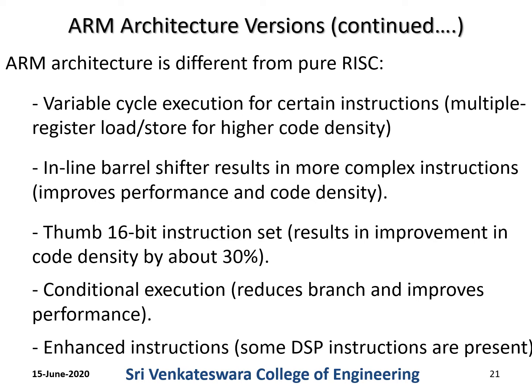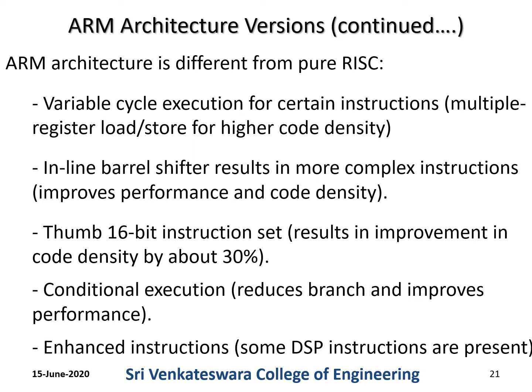For example, there are instructions which can load and store from multiple registers. In order to have high code density, this kind of instructions are used, and these instructions take more than one clock cycle also. And also there are some instructions which make use of a hardware called inline barrel shifter.